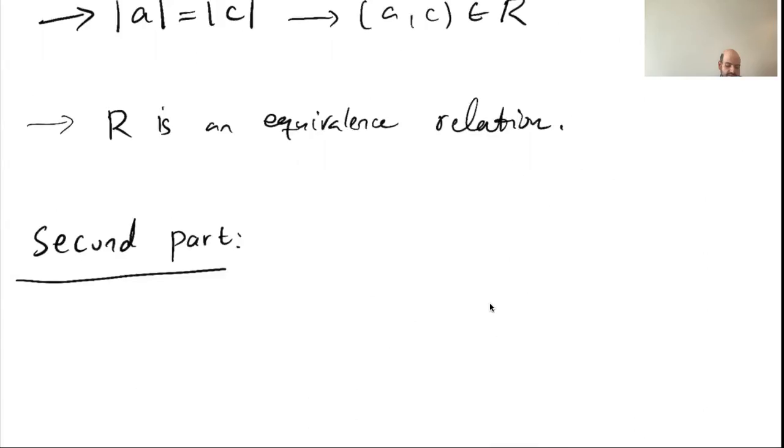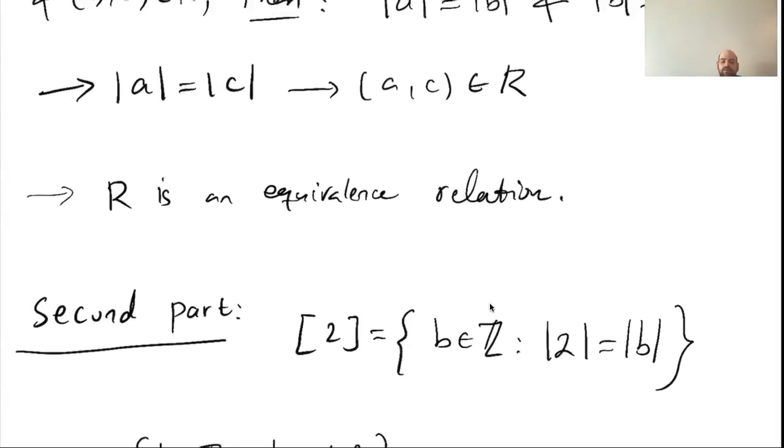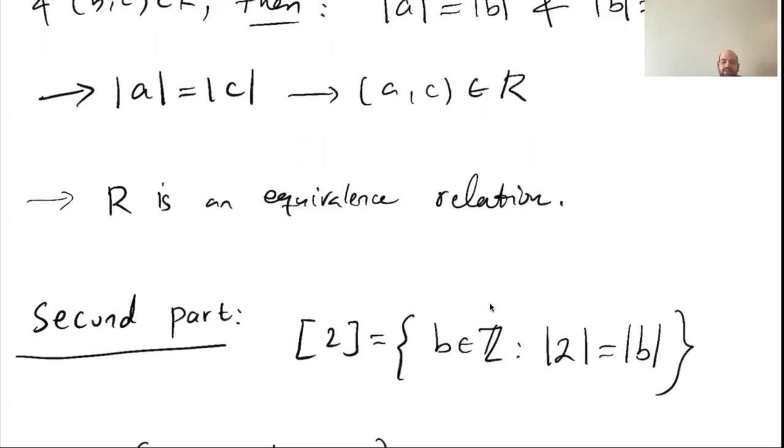Equivalence class of 2 means all the elements b in Z such that |2| is equal to |b|. So that means all elements b in Z such that b is equal to ±2, right? Equivalence class of an element means all the elements in the original set which are in the relation with the given element.